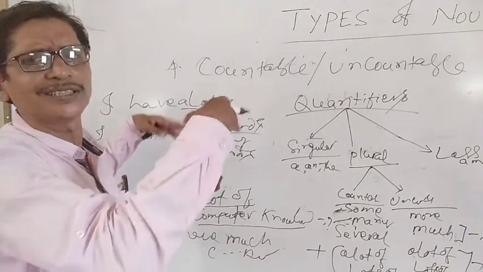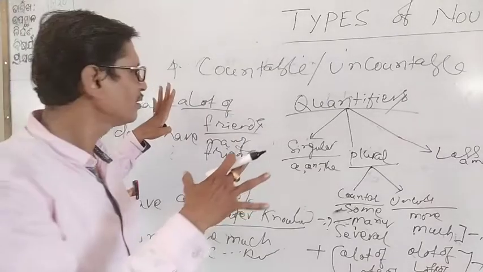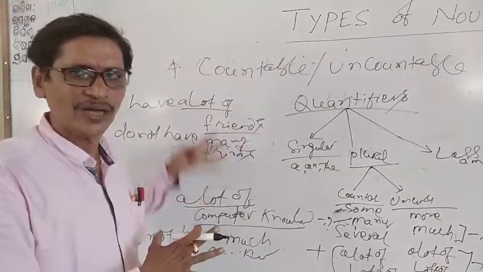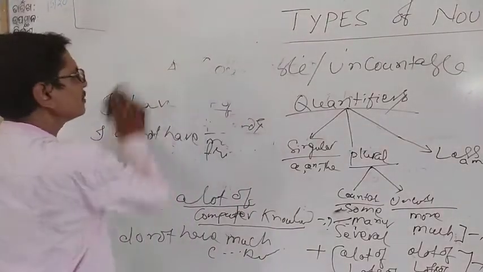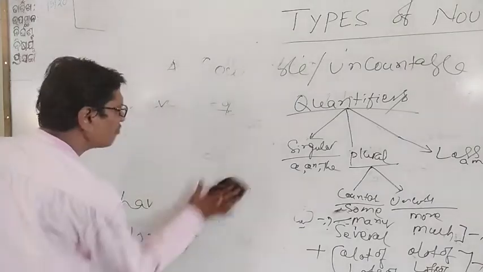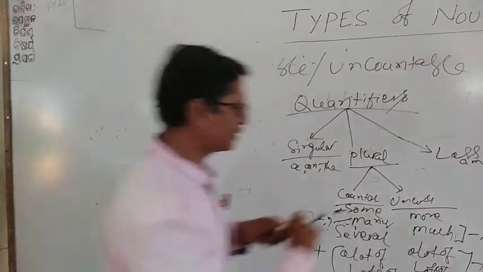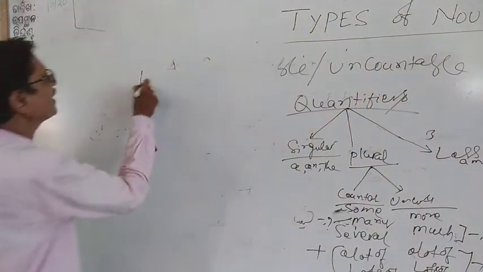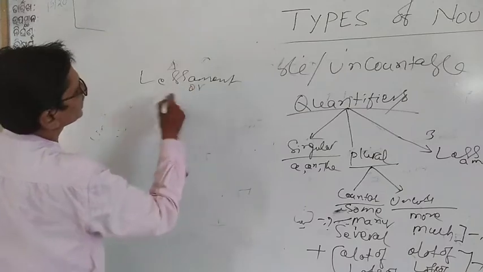So now, later on we will understand more with examples and other exercises. This is only for your understanding, to recap your previous knowledge. So let's talk about less amount and quantity. Here, number 3 is less amount or quantity.